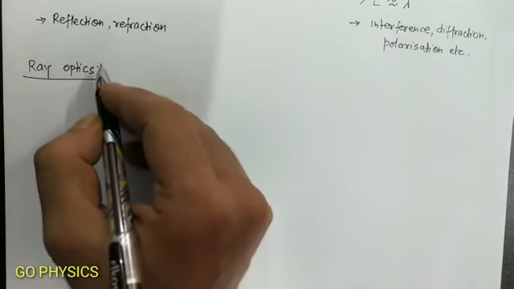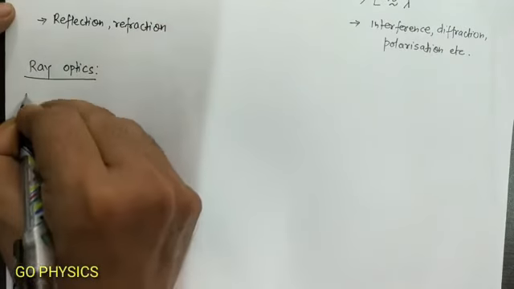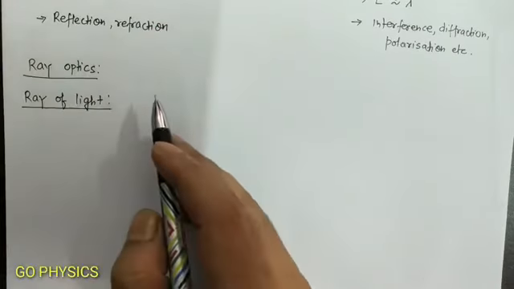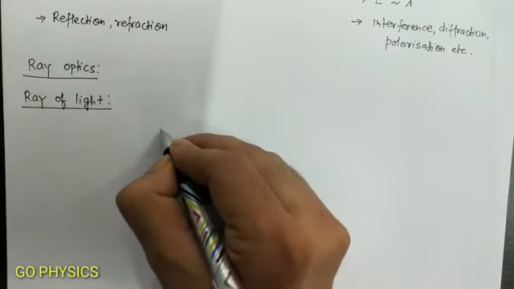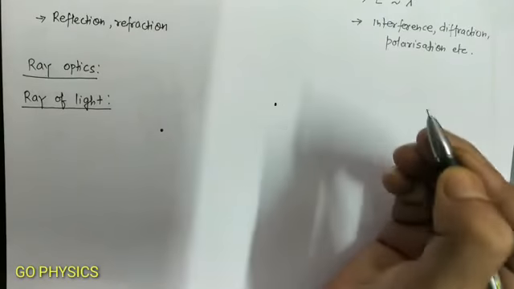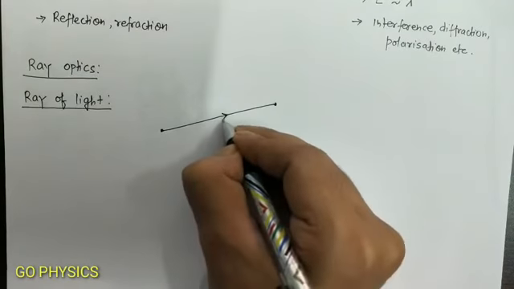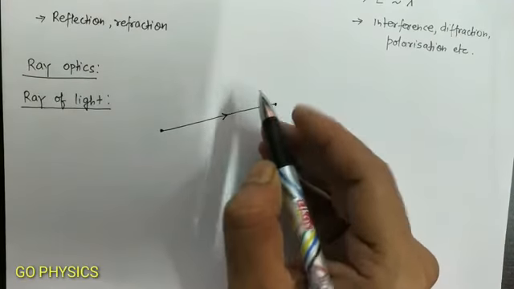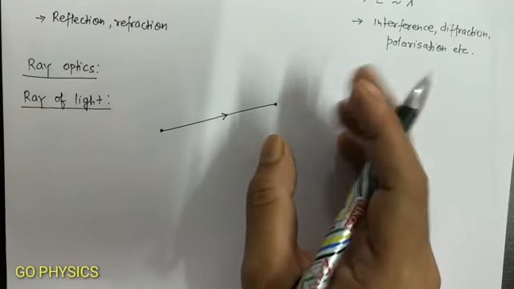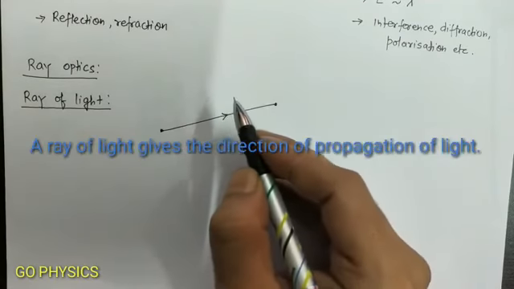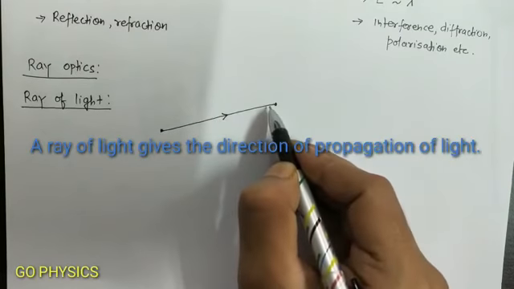In ray optics, the first topic that we will see here is: what is a ray of light? Light travels from one point to another point along a straight line joining them. The path of light is called a ray of light, or we can say that a ray of light is a very thin or narrow beam of light.